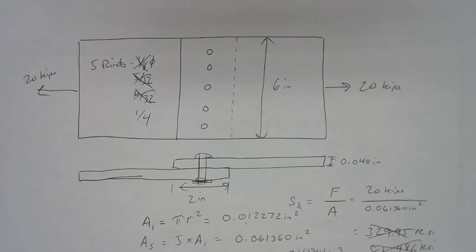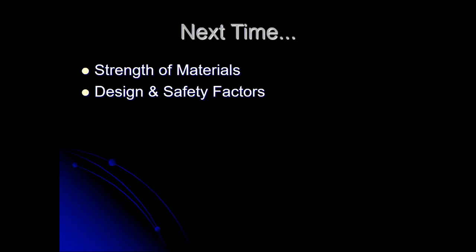So at this point, you should have a pretty good handle on shear stress and area and how all that plays together. And so now we know normal stress, shear stress, and normal strain, and we can go on to do some actual useful work.